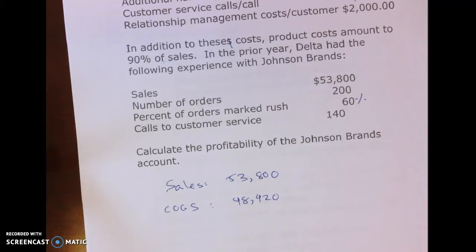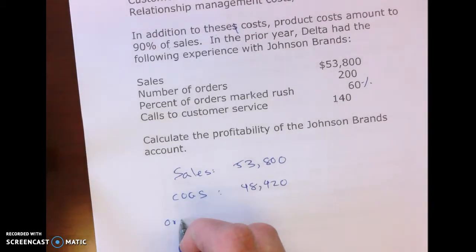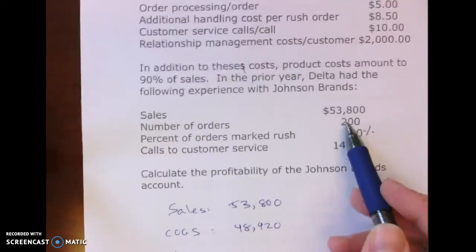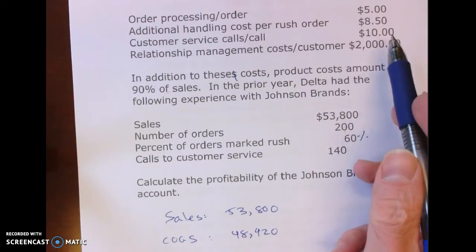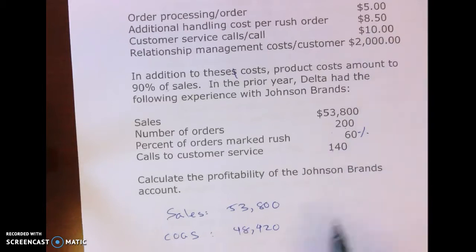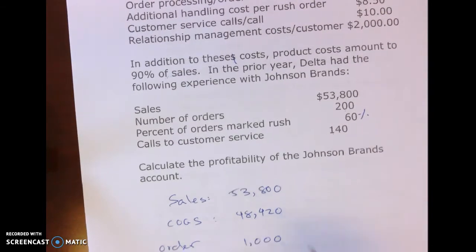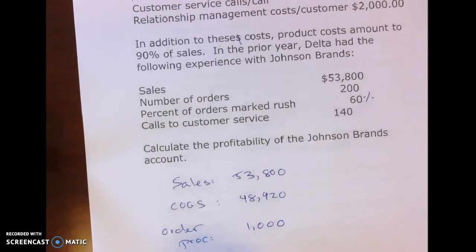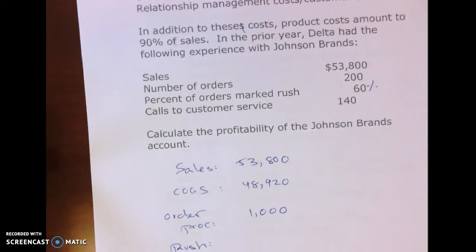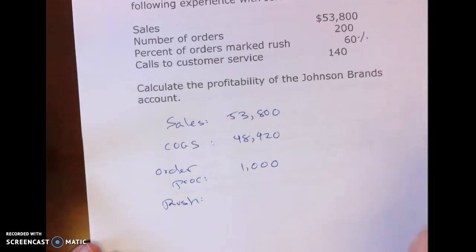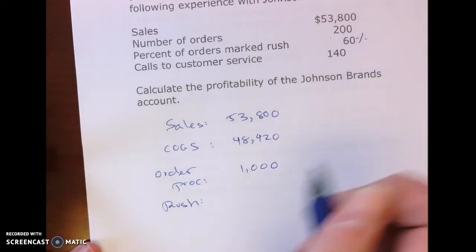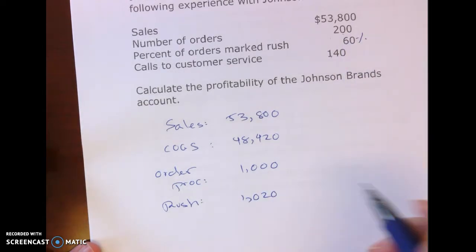Okay, so that's what we want to do now. We'll come over here and we'll say our order processing costs. Well, they had 200 orders, and each order costs us $5. So it's $1,000. Okay. And then we'll say our rush handling, and over here it's going to be $1,020.